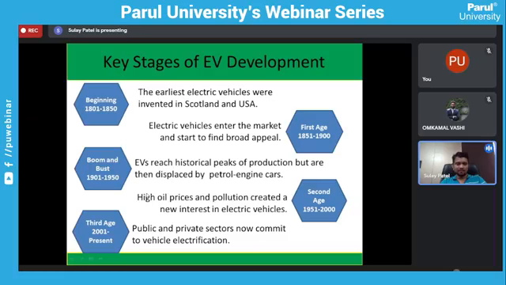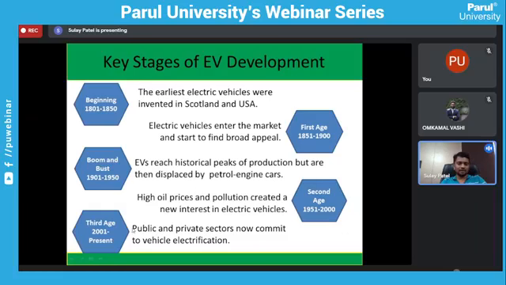Then from 1951 to 2000 came the second age of EVs, because of the fuel crisis and pollution that came with the vast use of petrol and diesel vehicles. So people started thinking about and researching electric vehicles, which created new interest in developing new electric vehicles in this era.